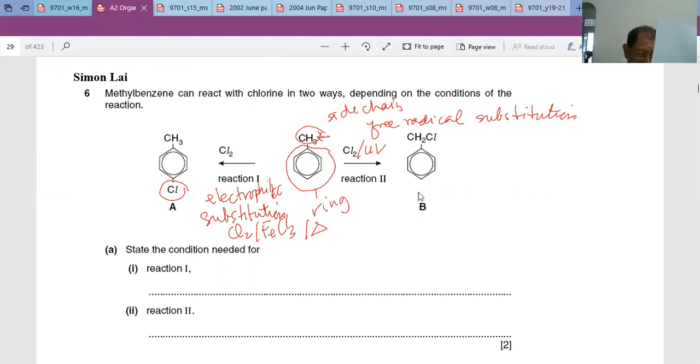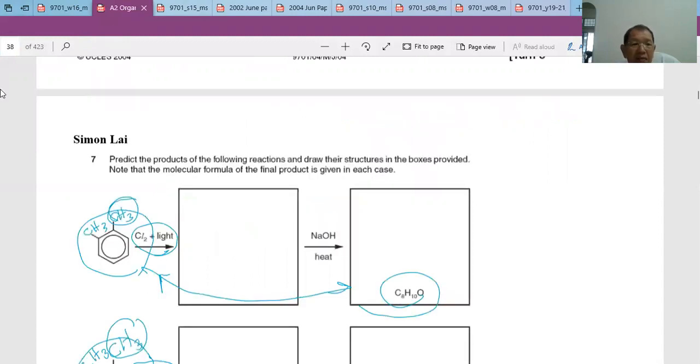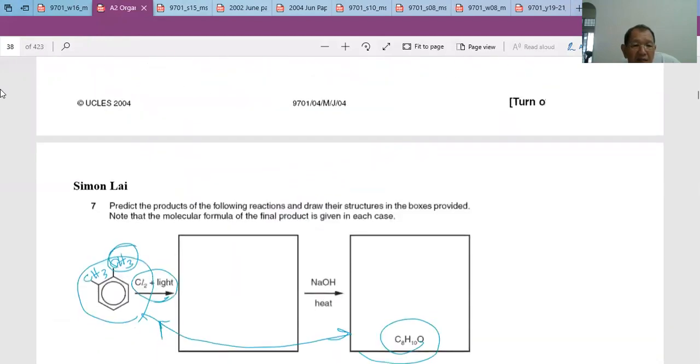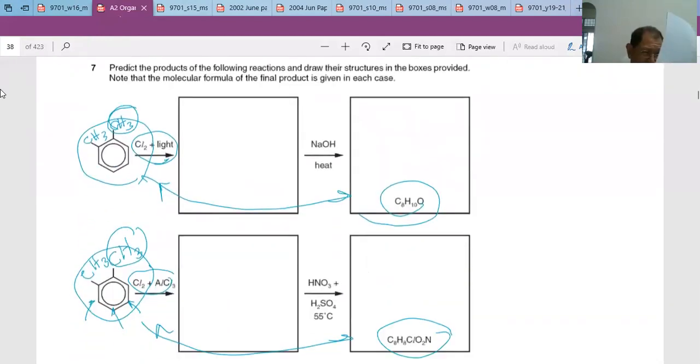Now the other one that we need to look at, of course, is 37. Now this is where the hard stuff is. 37, 38. So 38 here. There's one more question here. Sorry, 29 first.